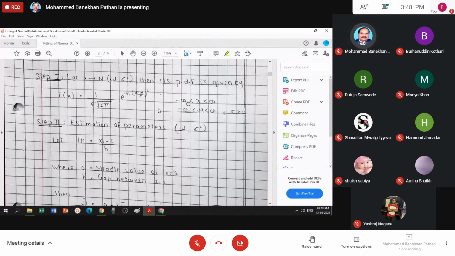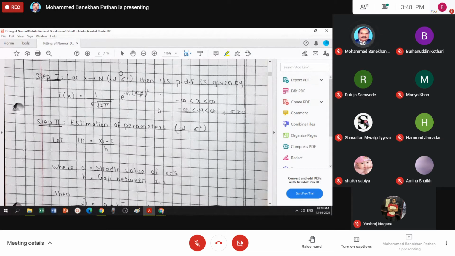So the random variable takes values in the interval, and a normal random variable is defined on the complete real line. So x takes values from minus infinity to plus infinity. The parameter mu also comes from the real numbers, minus infinity to plus infinity; it may be negative, may be positive.